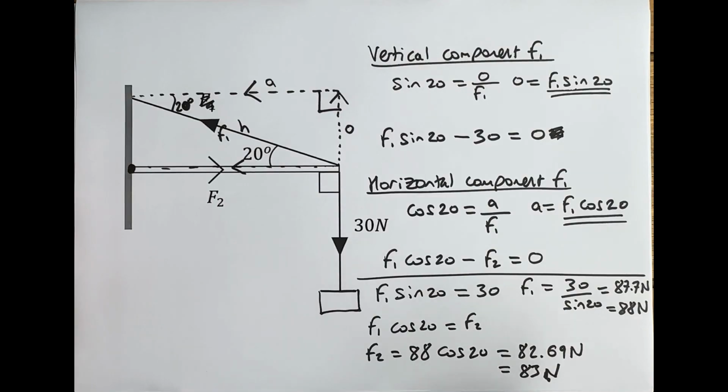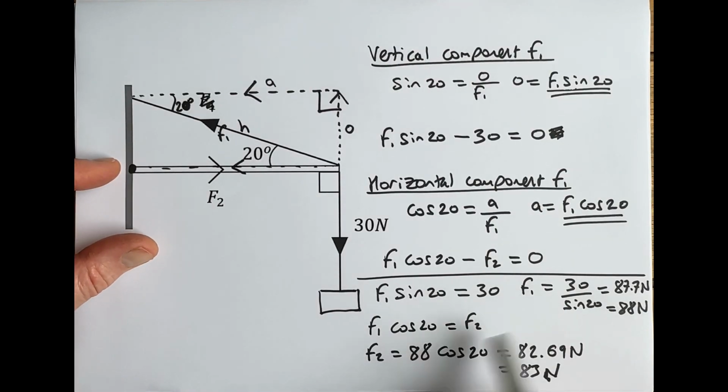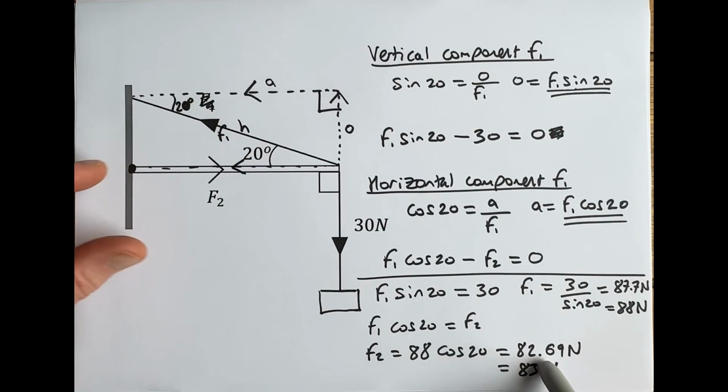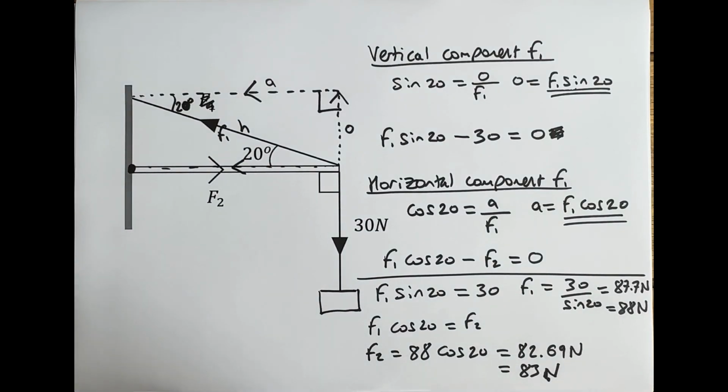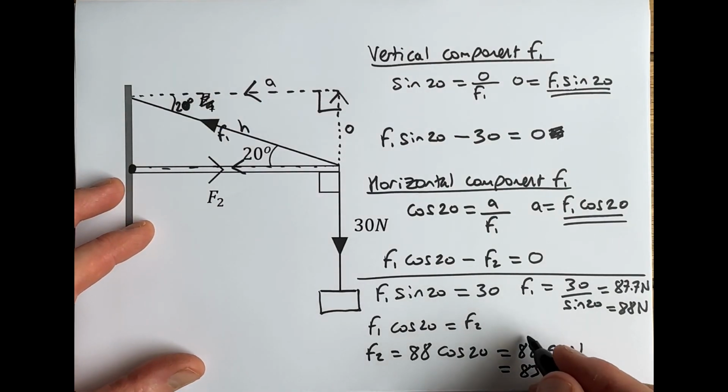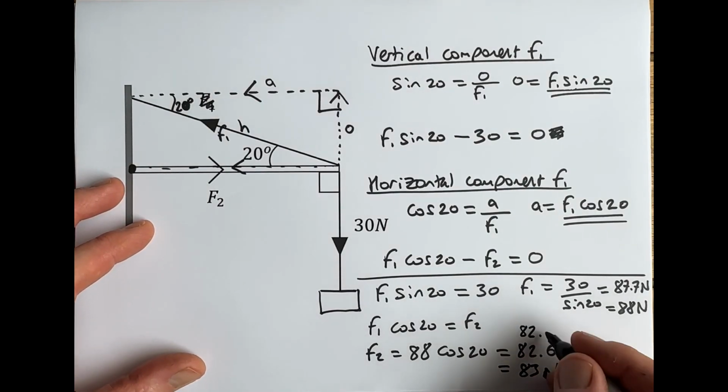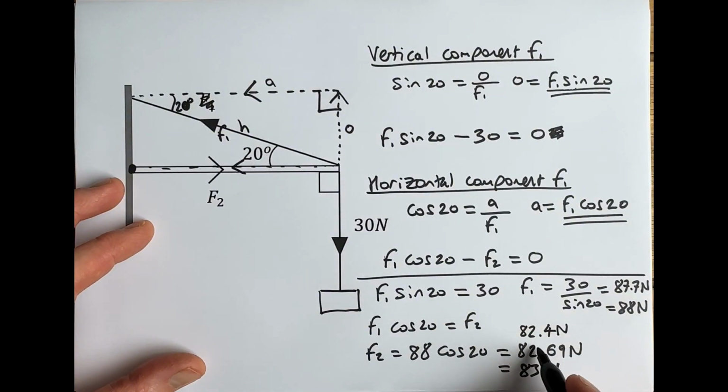I should have said as well that if you use 87.7 here, this comes out as 82.4, I think. So let me just check that. 87.7 cos 20 comes out as 82.4, which would then be 82. But in A-level questions, if you show your working, you will get all the marks anyway, but that would come out as 82.4 if you were to use, instead of 88 there, 87.7, okay?